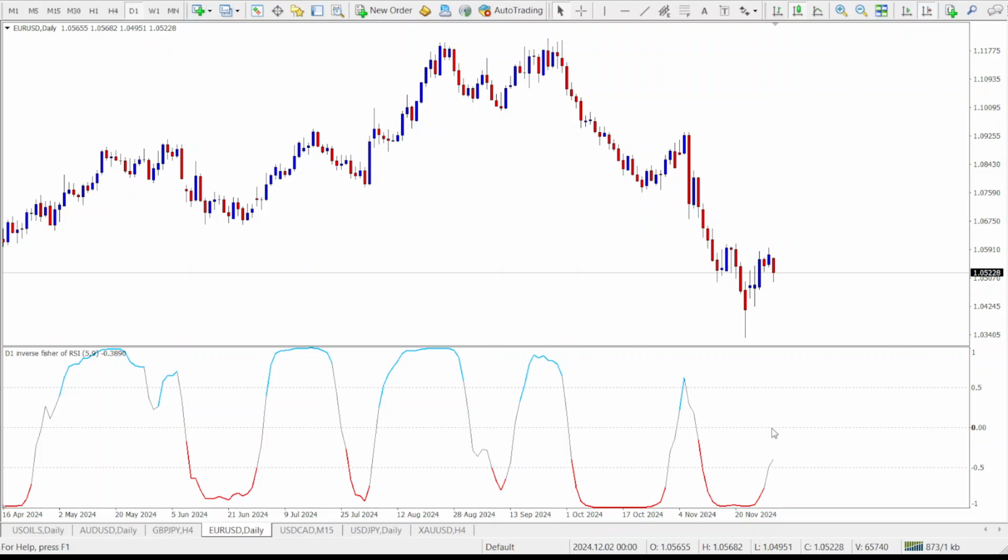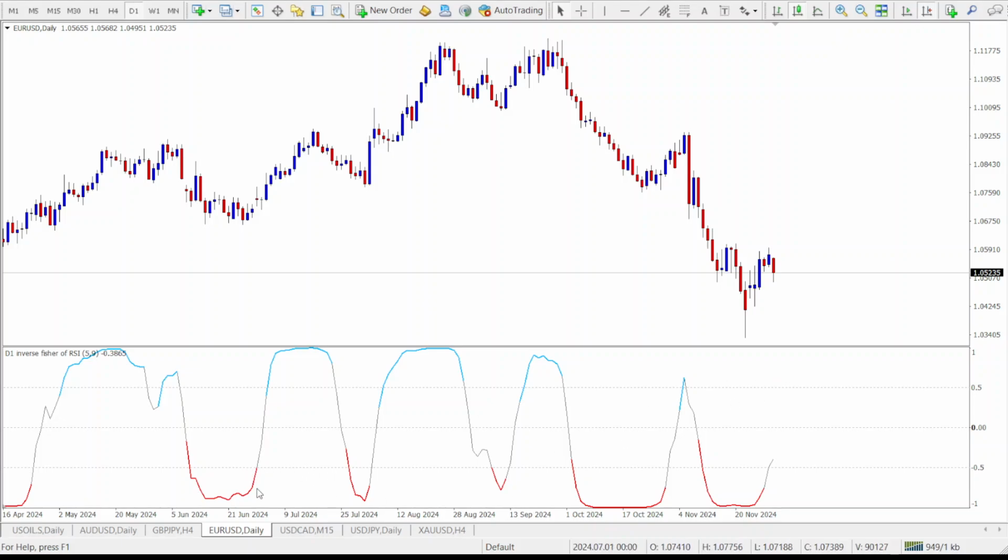But now to get precise buy and sell signals, we have to look at a couple of factors. The first is the color of the inverse Fisher RSI indicator and the position with respect to these levels, the -0.5, 0, and 0.5.